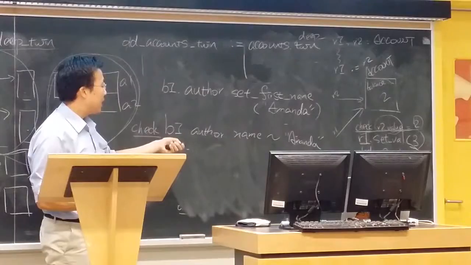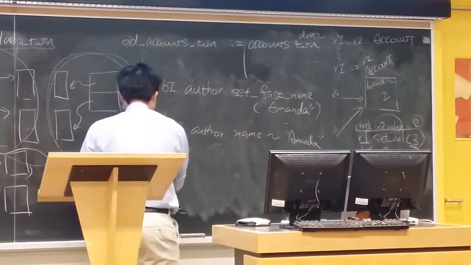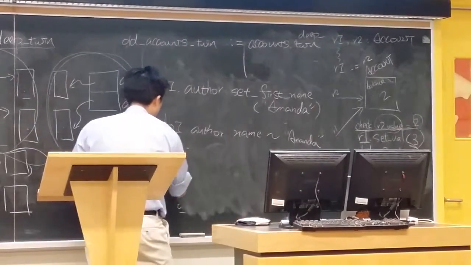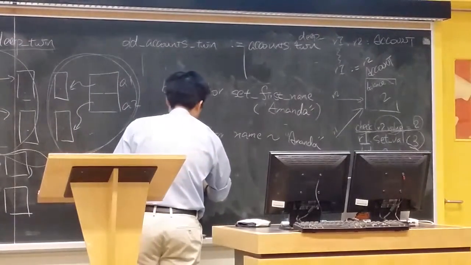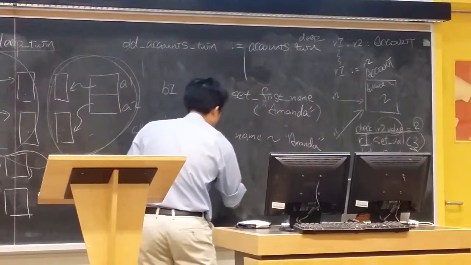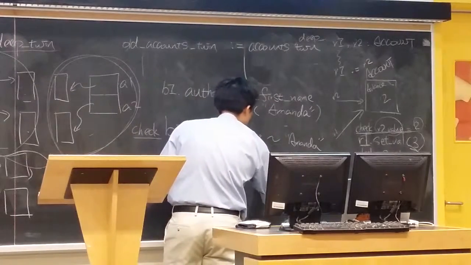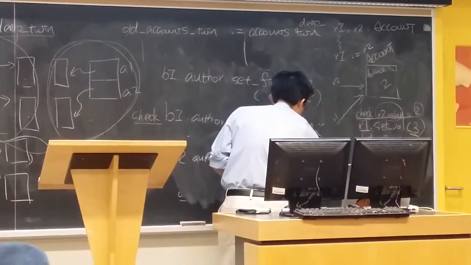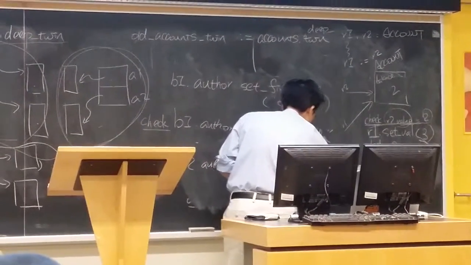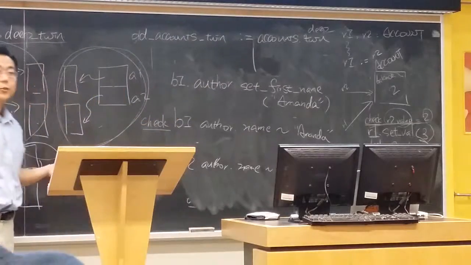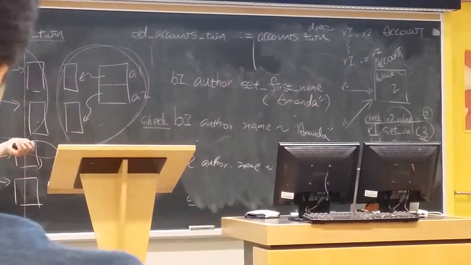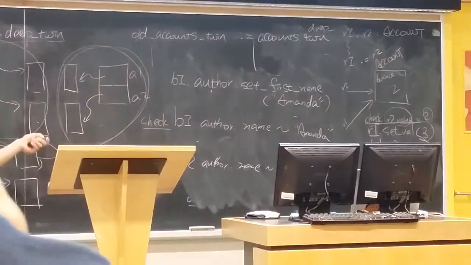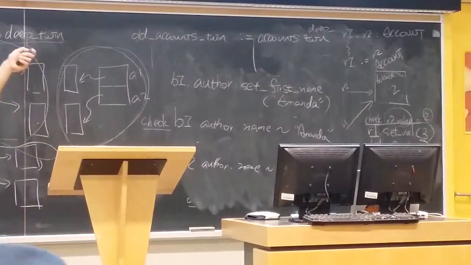Because that's exactly the thing we tried to change. And the same would be if we say check b2.author.name, this would be true as well, although we didn't use b2; we only called b1. But because its alias is unknown.